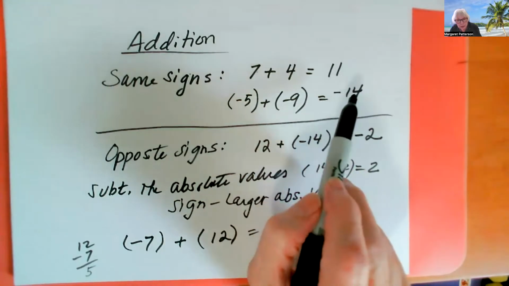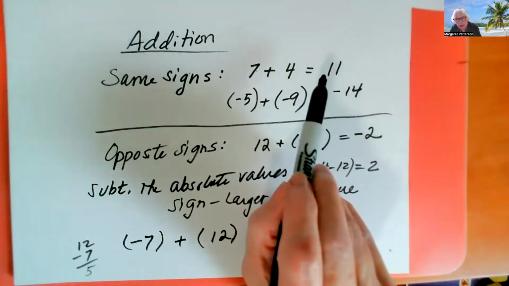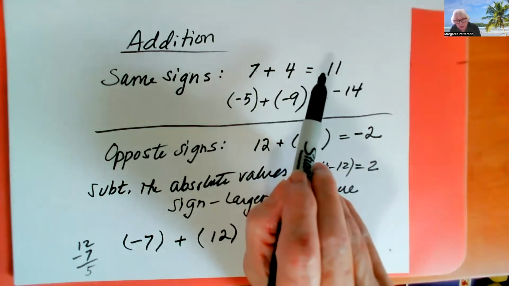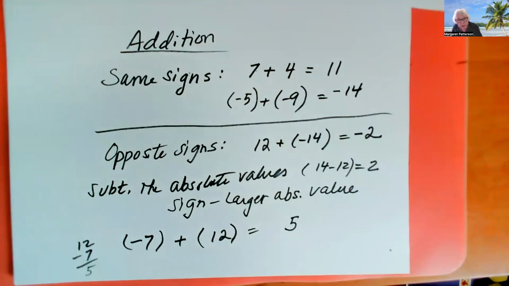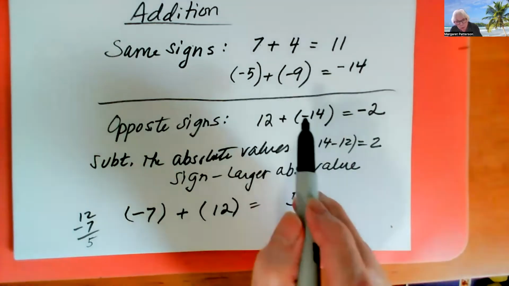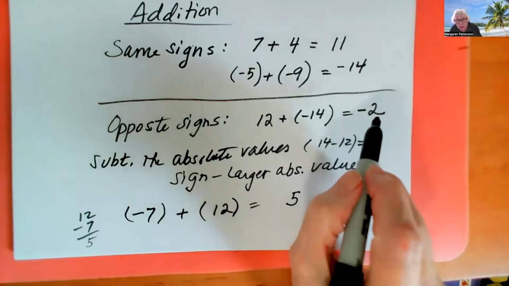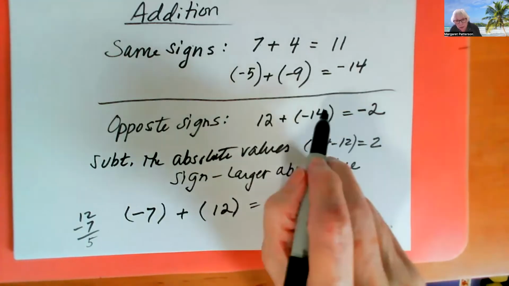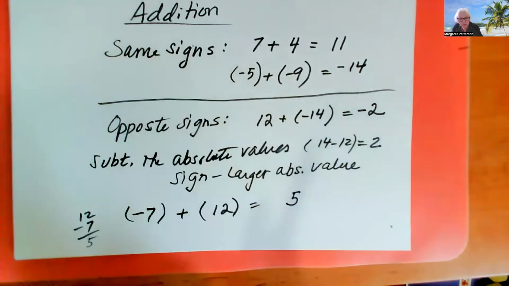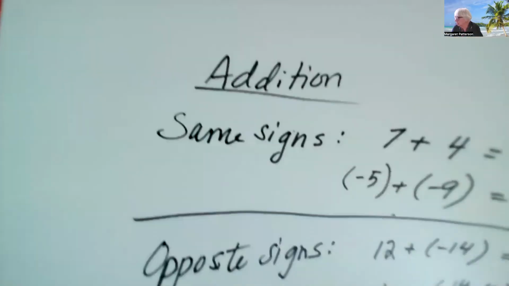And you copy the sign, either positive or negative. When it's positive, you don't say plus, you just say the number and it's assumed positive. But when they're opposite, you subtract the two numbers because they're working against each other and take the sign of the larger number, so the larger absolute value. So there are other ways to explain this, but that's how I'm going to explain it this first time.